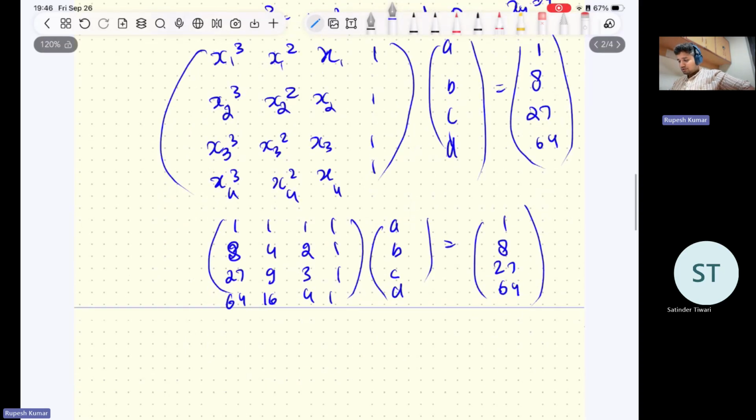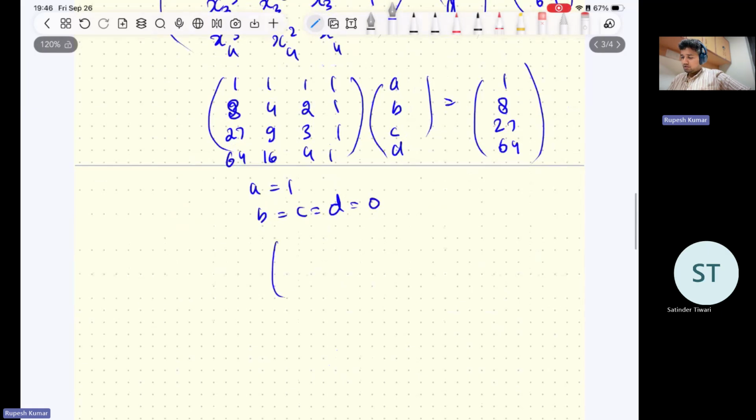Can you tell me what the answer will be? A will be 1, and B, C, D will be 0, so the solution is 1, 0, 0, 0.